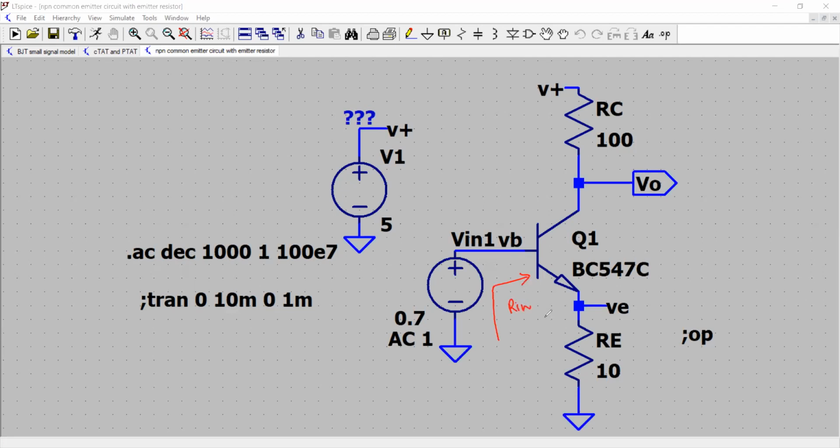So R in. In our previous module, we theoretically analyzed the small signal equivalent circuit of this circuit, and from that we derived an expression for the R in.